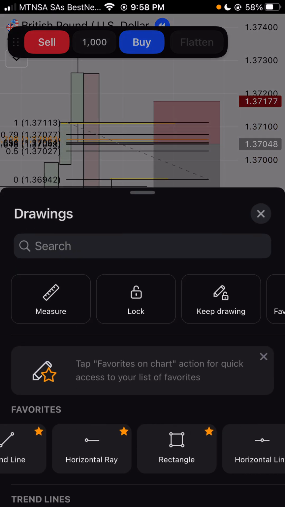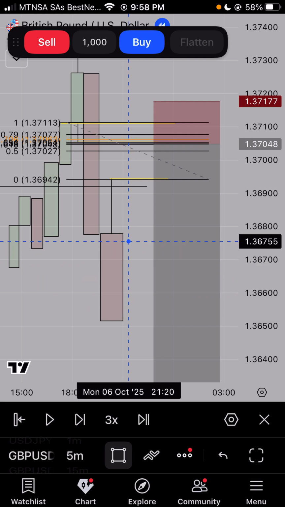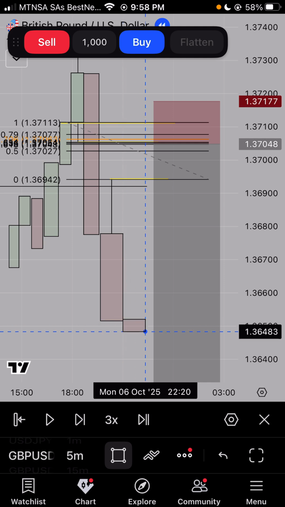So what will happen is, let's say the market will come like this.